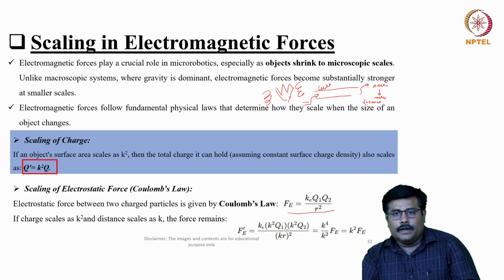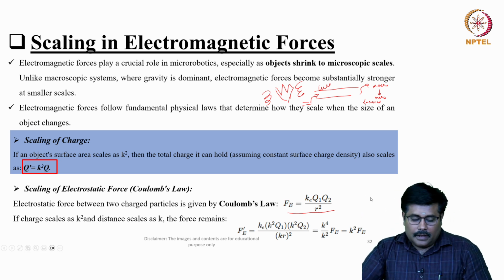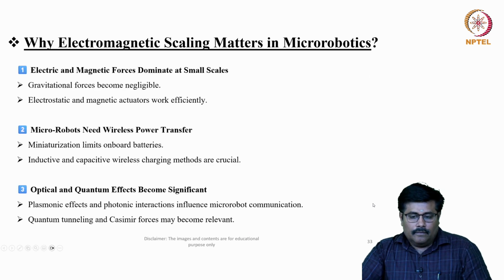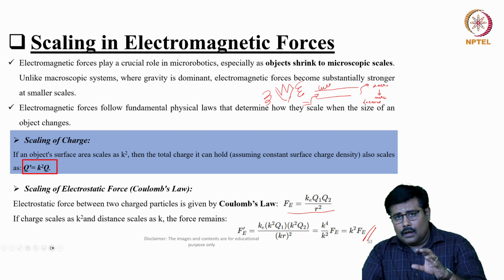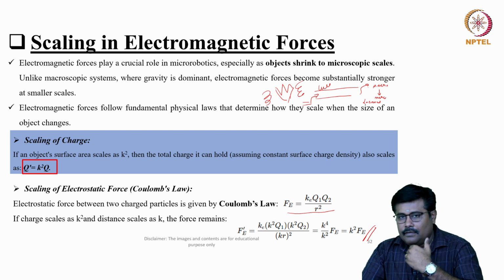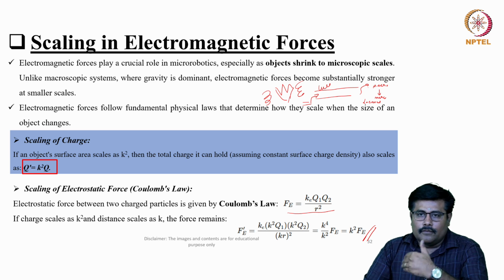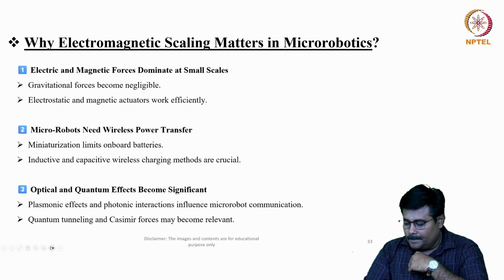If we simplify it, we can represent it as k to the power 4 over k squared, that is, k squared Fe. This is the overall governing equation which can be considered whenever we are considering electromagnetic force or electromagnetic actuation for micro robotic device development.